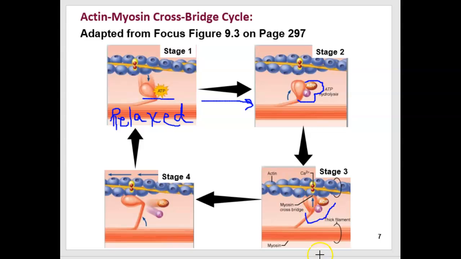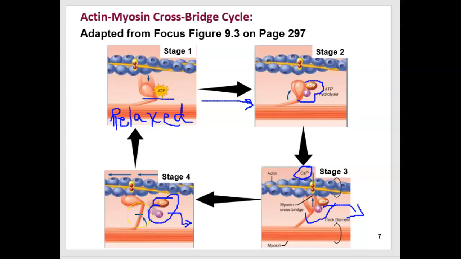So myosin binds to the actin, and of course remember calcium has to have already been here. And as soon as that happens, the ADP and the inorganic phosphate fall off. It's like the myosin head prefers the actin and its shape changes, and now ADP and inorganic phosphate fall off.